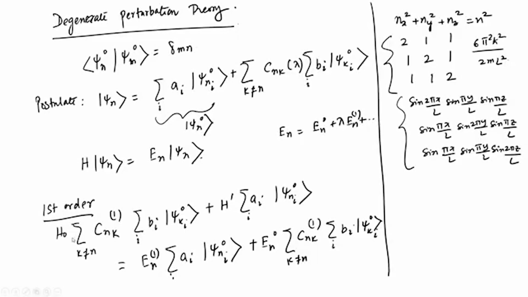So, what we need to do is actually calculate this E n 1, and to get the E n 1 we follow the standard procedure of taking an overlap with this psi n with another index, in the sense that psi n 0 j. So, let me write that.